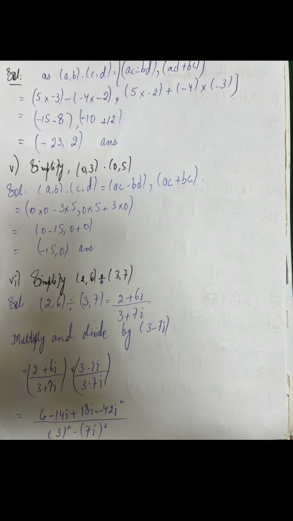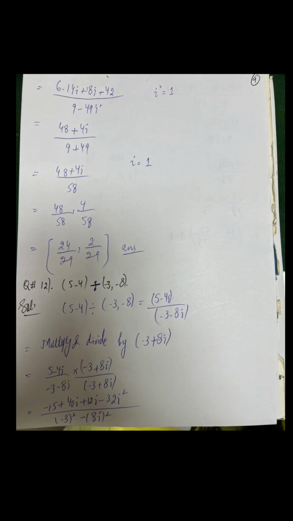You just have to practice it so that you can get the desired answer. Then resolve it in a simple manner: 6 minus 14i plus 18i plus 42 divided by 3 square is 9, minus 7 square is 49 iota square, and iota square is equal to 1. So we have 48 plus 4i divided by 9 plus 49.